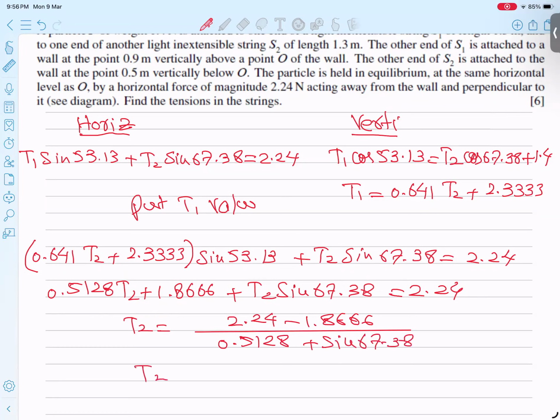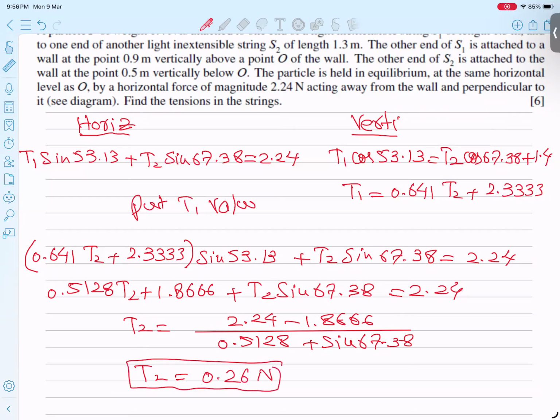Now I type it in the calculator: in the numerator 2.24 minus 1.8666, and in the denominator 0.5128 plus sine of 67.38, and I get the answer 0.26 newtons.